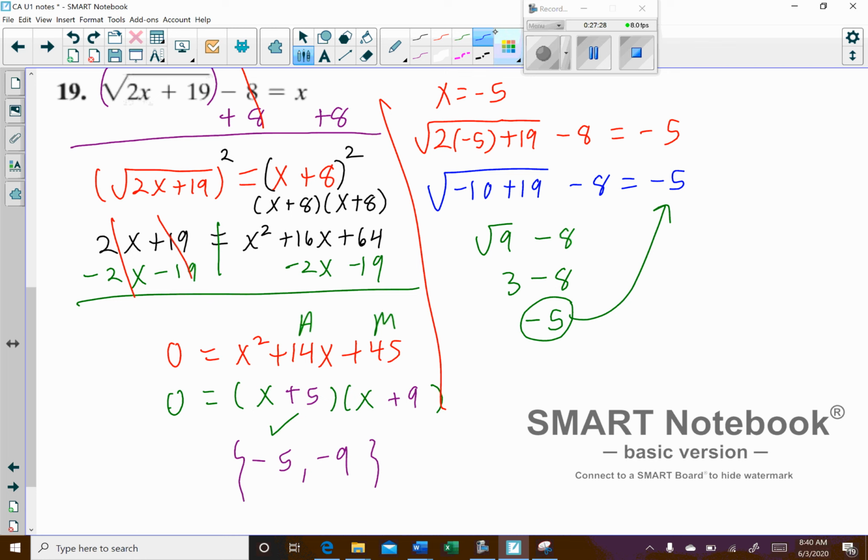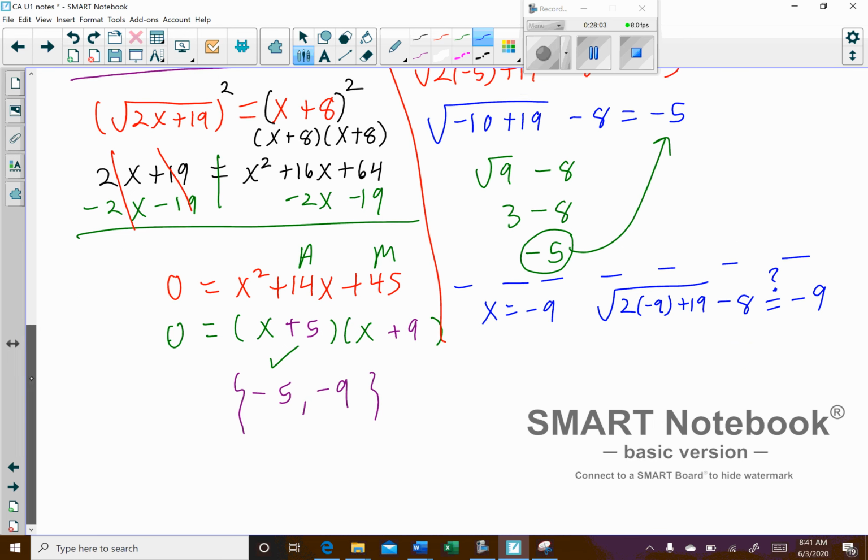All right, so now we need to go ahead and try -9. So x equals -9. If I plug that in, we'll have the square root of 2 times -9 plus 19. Then we're going to take away 8. And then we want to see, is that equal to -9? So we'll put a little question mark there. That's what we're trying to check. We're plugging in -9 for x in both of those. Then I'll scroll down for more space.